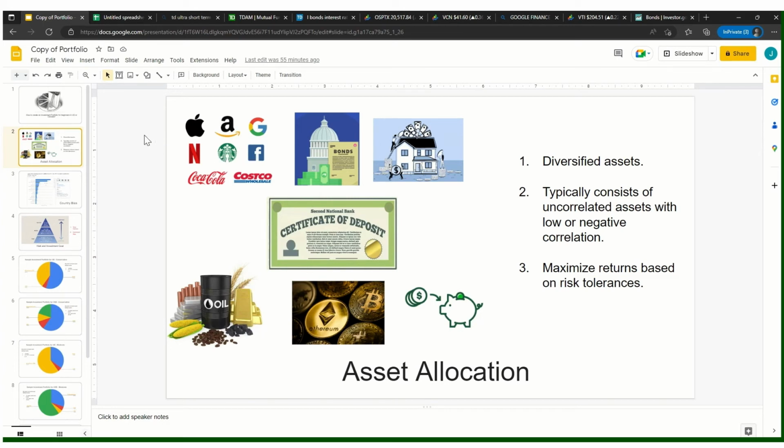And if the stock market is crashing, naturally people will go and park their money in safer investment vehicles such as gold. So naturally the value of your gold will offset, maybe not completely offsetting the stock market loss, but it won't lose value. That way it provides some sort of stability to your portfolio. So the second key point is typically you should have uncorrelated assets with low or negative correlation, right? The negative is exactly what I described right now.